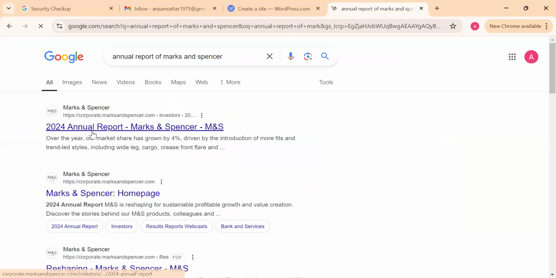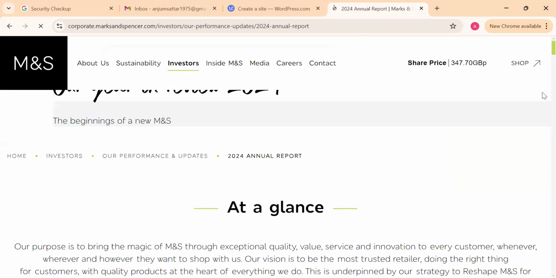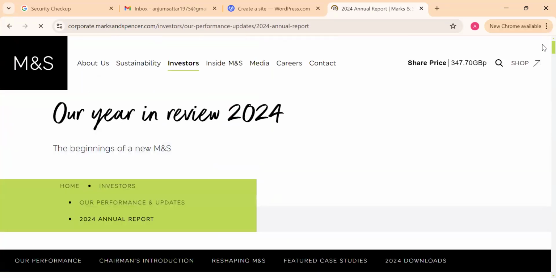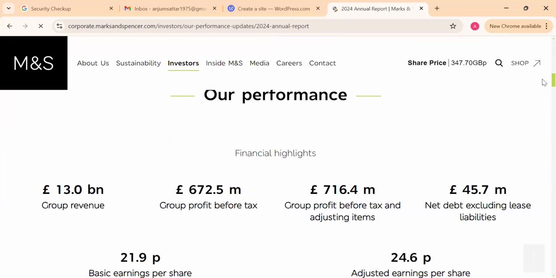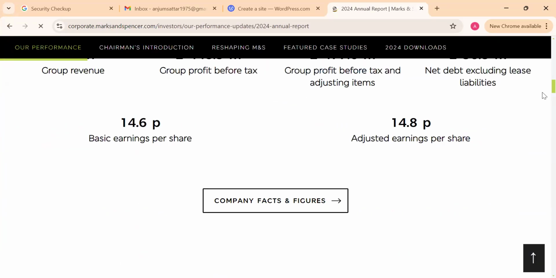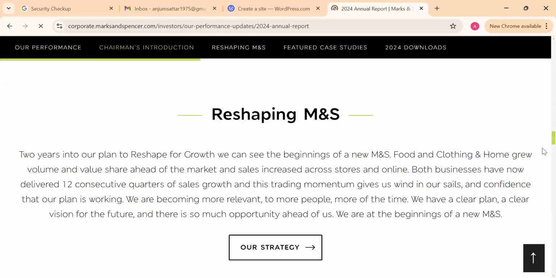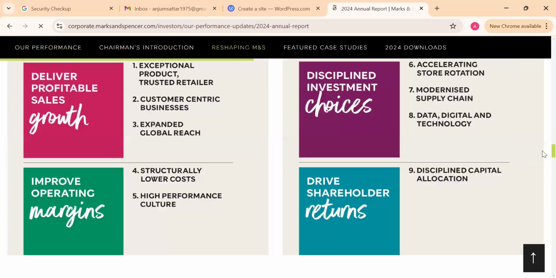So this is the annual report of Marks and Spencer. We are going on the Marks and Spencer website. We can look around what Marks and Spencer is doing, and in the light of all these elements, we can look at their financial health, their customers, SDGs, their mission, and their current strategy. That's quite good.